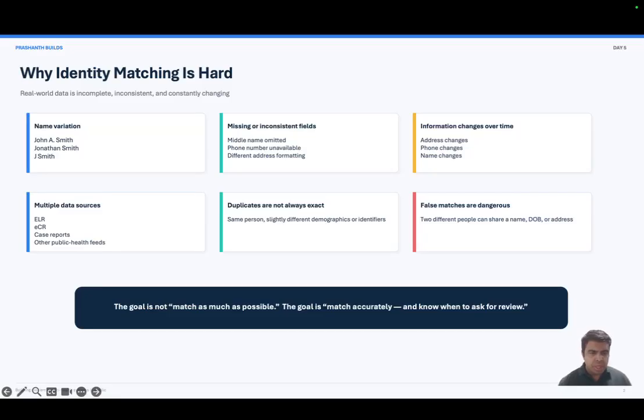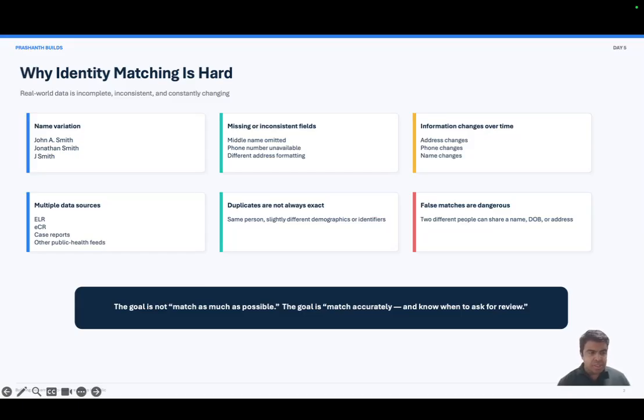The same person can appear differently across data sources. The names can be abbreviated, fields can be missing, addresses and phone numbers can change. The surveillance system receives data from many different organizations. At the same time, we have to avoid the opposite problem as well.